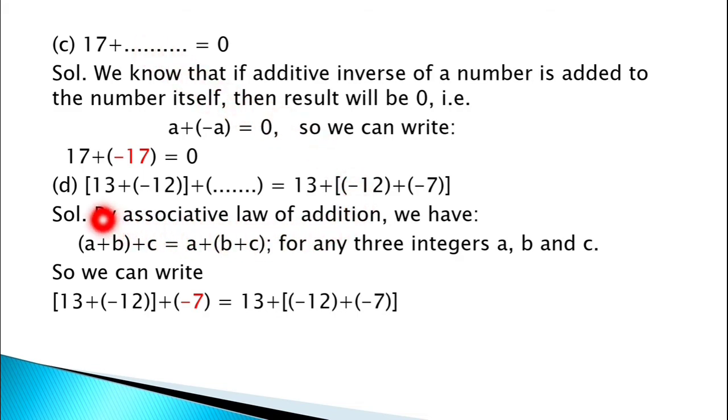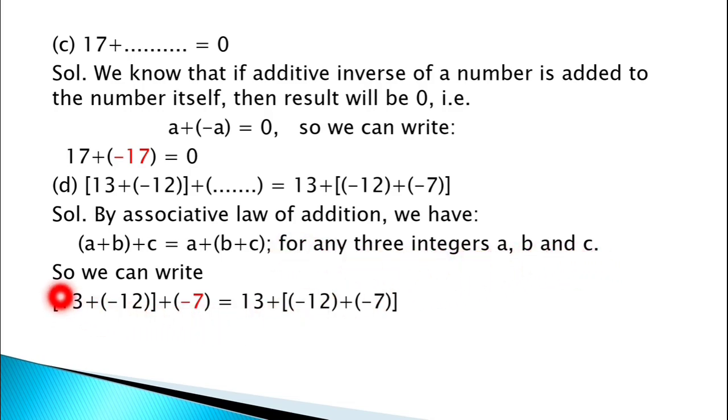Now the next part is, in a closed bracket 13 plus minus 12 is added to a blank, which gives the result of 13 plus, within closed bracket, minus 12 plus minus 7. So by associative law of addition we have (a plus b) plus c is equal to a plus (b plus c) for any three integers a, b and c.